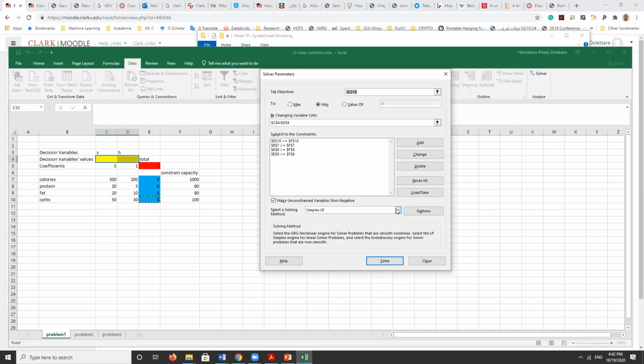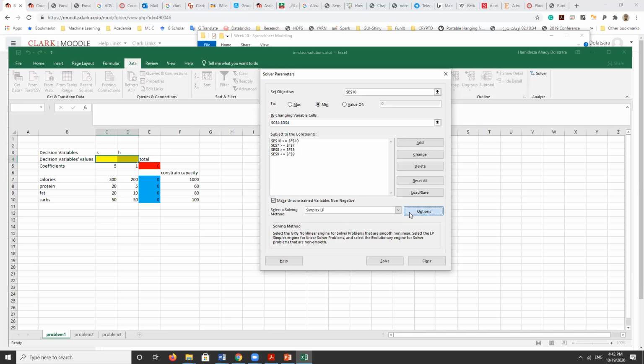For this option, first I'll say make unconstrained variables non-negative. Basically, these are the variables that you have in the model for which there is no constraint. We just want them to be non-negative. Also, we choose Simplex LP. This is the algorithm that we want to choose.